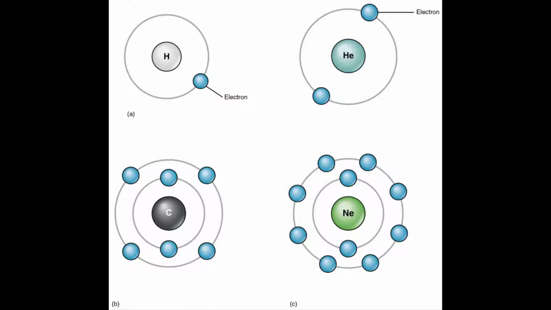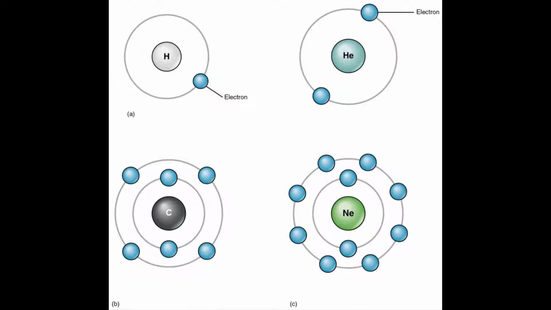The second electron shell can accommodate as many as 8 electrons. Carbon, with its 6 electrons, entirely fills its first shell and half fills its second. With 10 electrons, neon entirely fills its 2 electron shells.